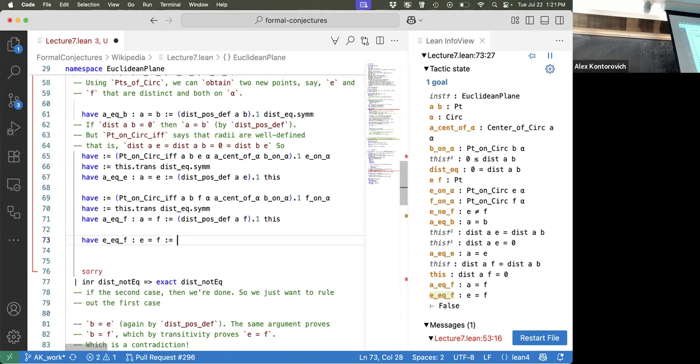It's definitely a trans. It's the trans of these two things. Except.